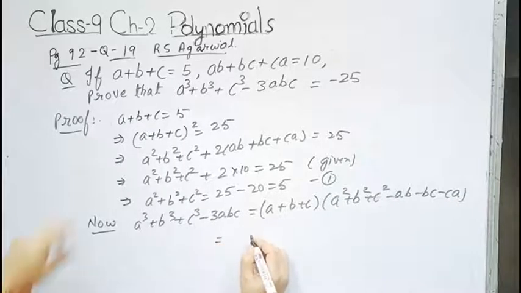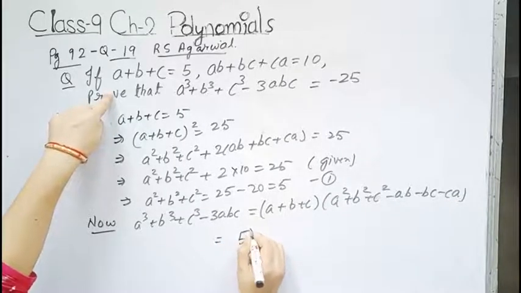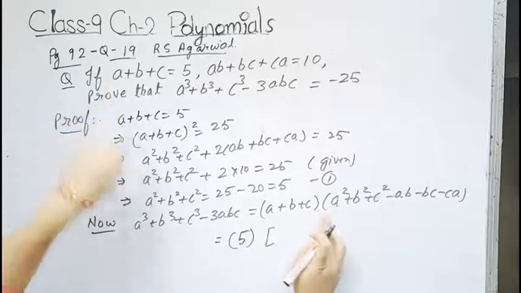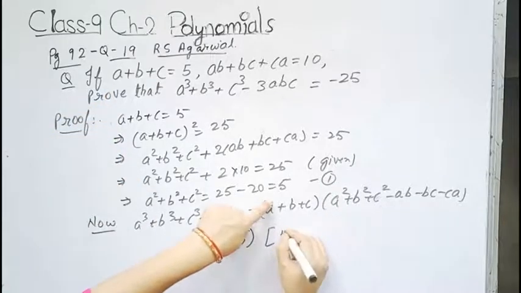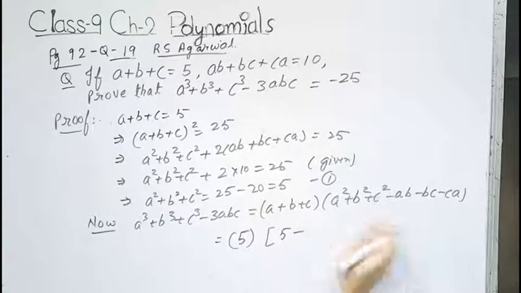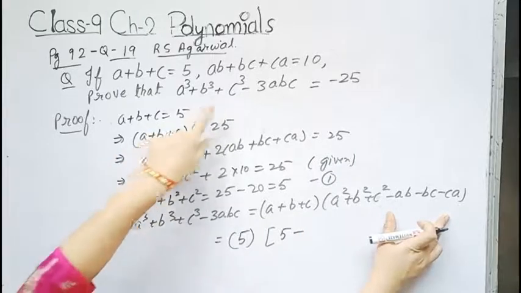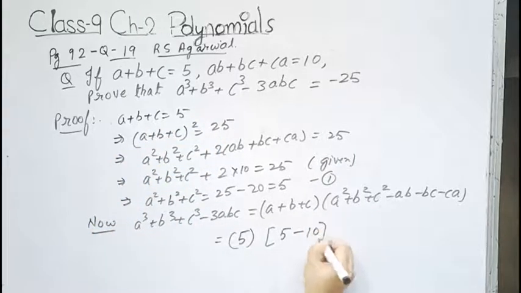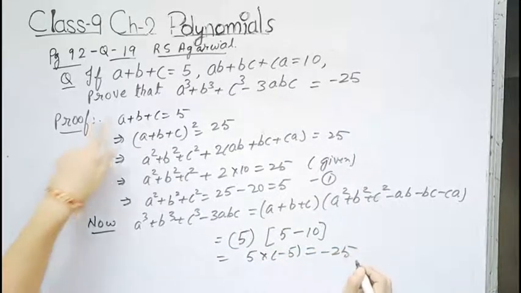So this value we will be taking from the given condition. a plus b plus c is 5, and a square plus b square plus c square we have calculated from equation 1 as 5, minus ab plus bc plus ca is 10. So this will be equal to 5 into minus 5 equals minus 25. We have to prove the same thing, hence proved.